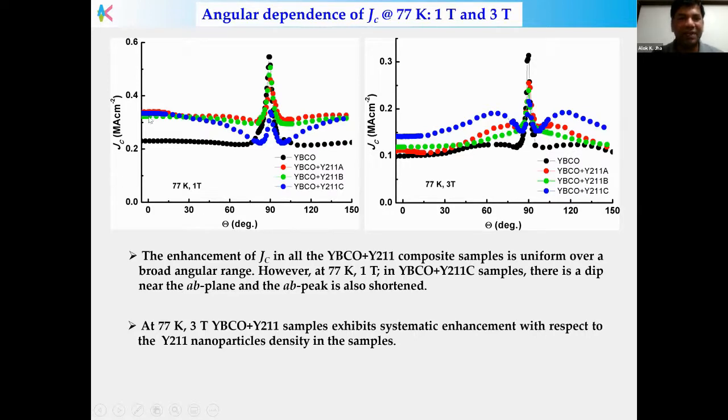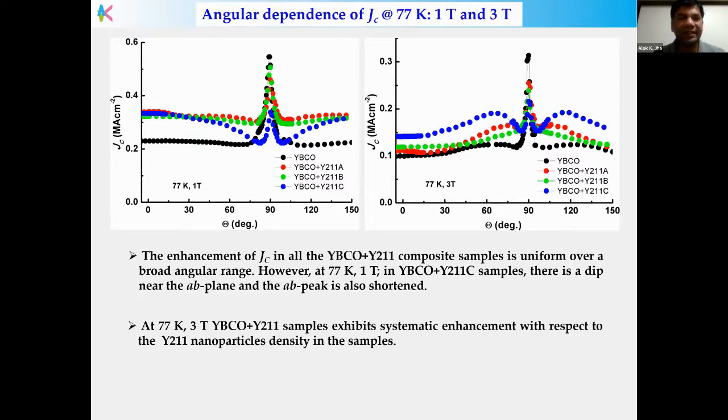For 0 degree, it means the field is along the C direction, and 90 degree means the field is along the AB plane, so along the surface of the film, while C means along the perpendicular direction of the film. So naturally, along the AB plane, JC is high, but in the other direction, we can see a strong enhancement of JC in all the nanocomposite films.